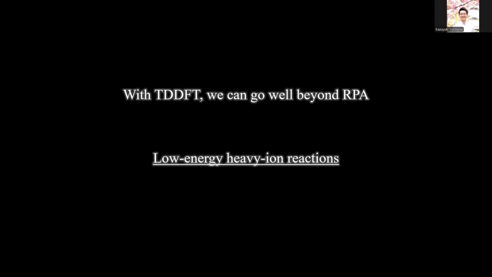So from now on, in the rest of, let's say, 30-something minutes, I will show some applications of TDHF or TDDFT for low energy heavy ion reactions. In RPA, we can just describe some collective excitations due to some perturbation to the system. But in TDDFT, we can go way beyond RPA.